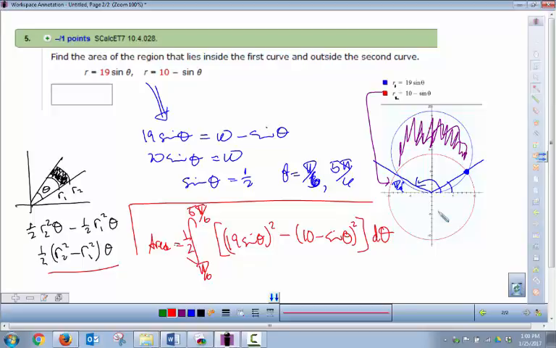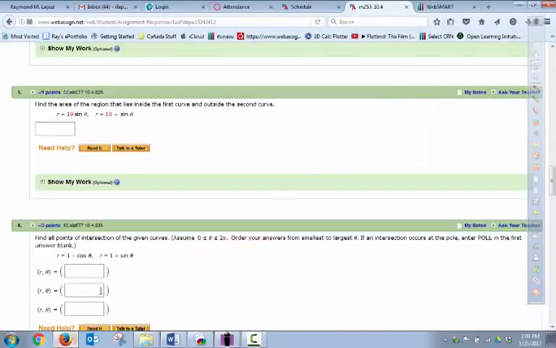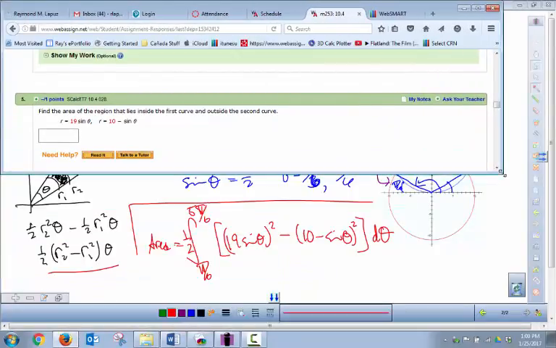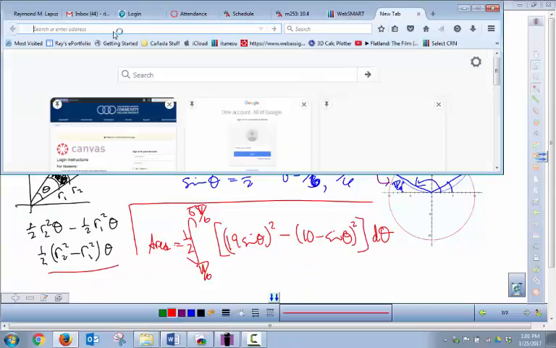We can punch this into the calculator or into Wolfram Alpha and see what kind of values this particular program is going to be expecting. It might be expecting exact values, or it might be able to handle an approximation. Let's see. I'm going to go ahead and use Wolfram Alpha for this. Am I connected?